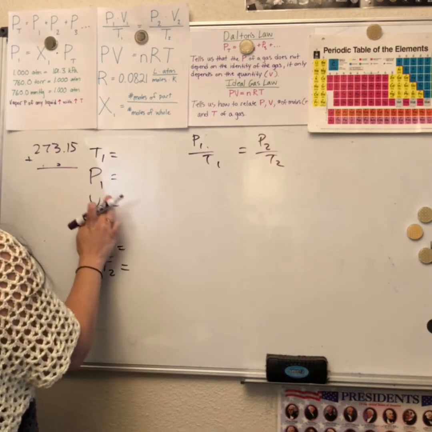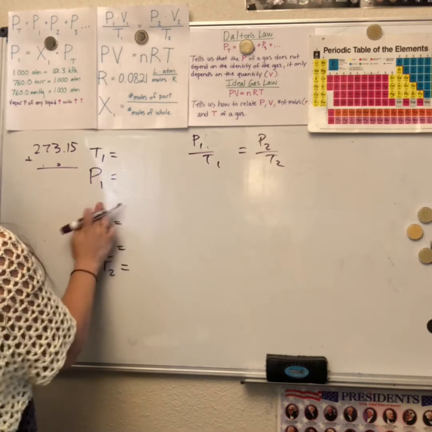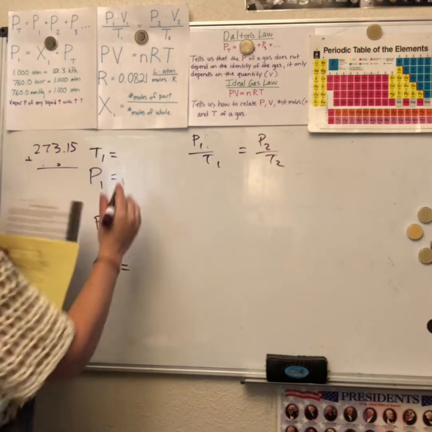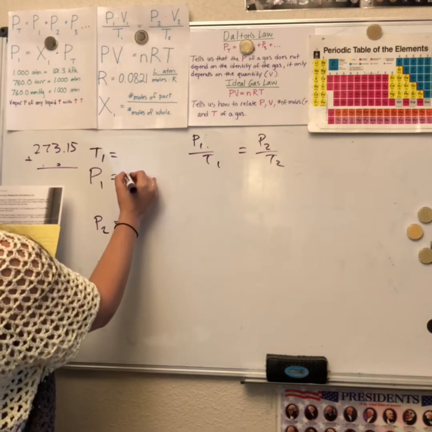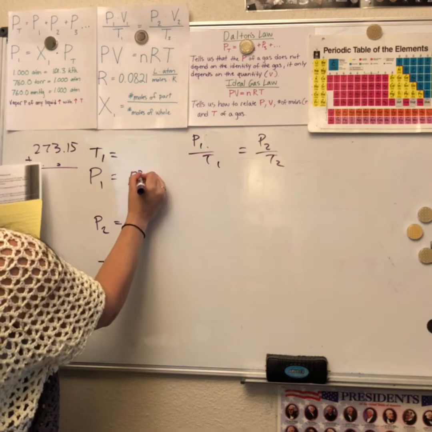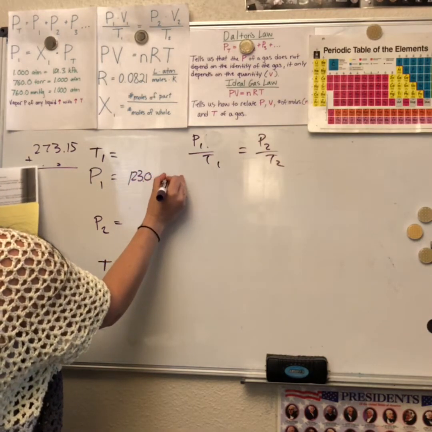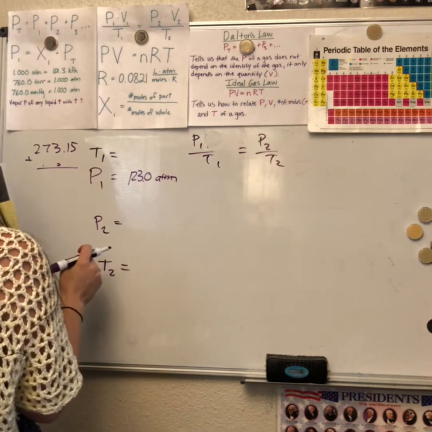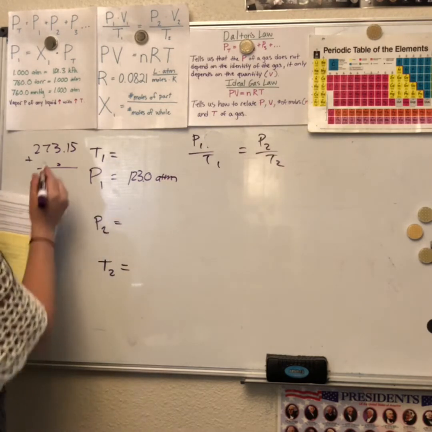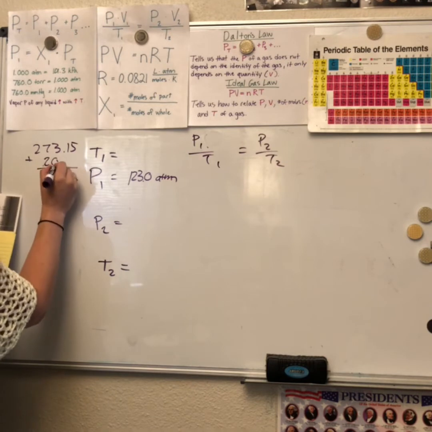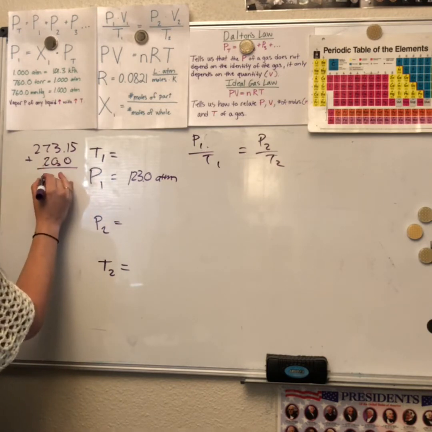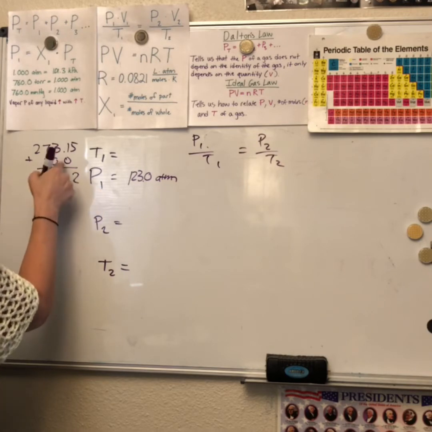And volume, and volume. Okay, now let's list our stuff. We have atmospheres right here, 123.0 atmospheres. And the temperature, they said, was 20 degrees Celsius. So over here, 20.0. So now if I do this, it's going to end up being 293.2 Kelvin, because this is going to round.